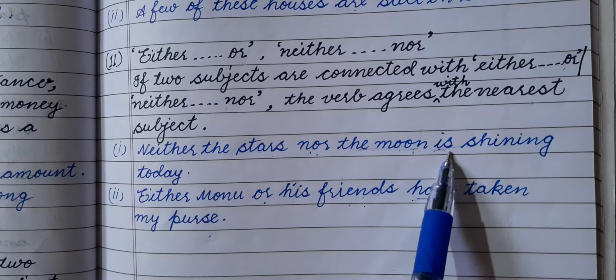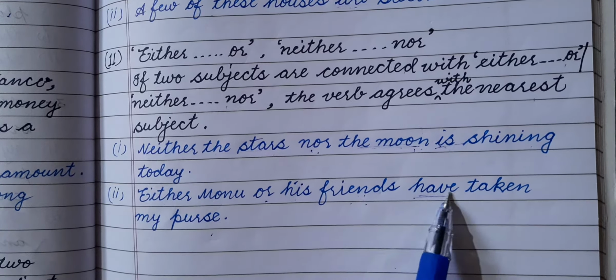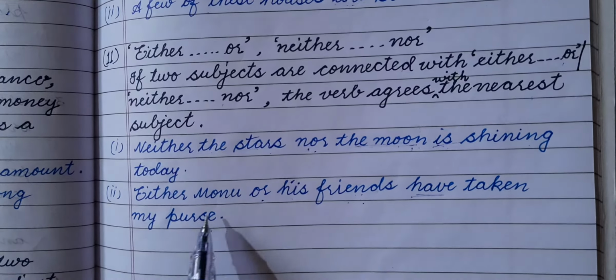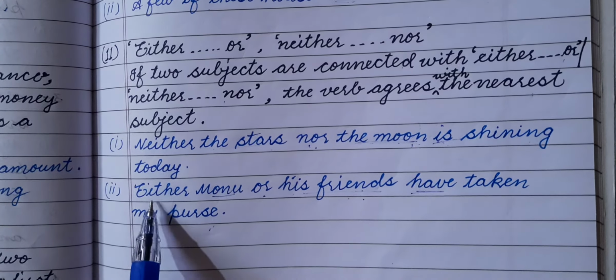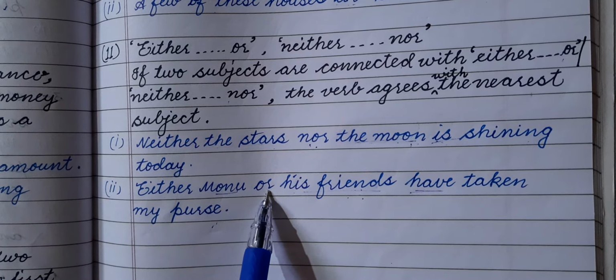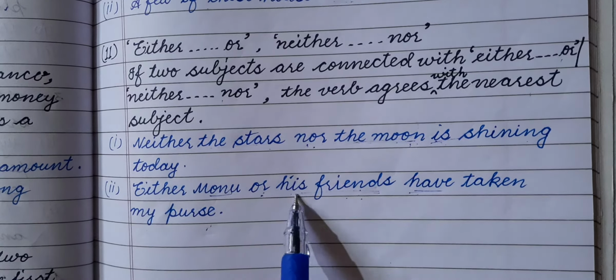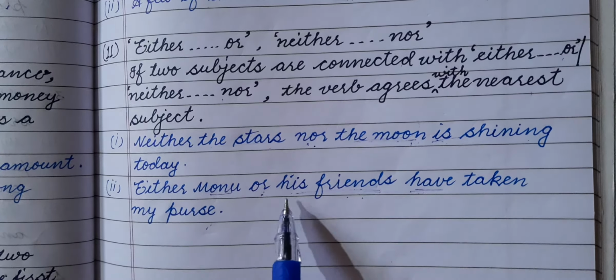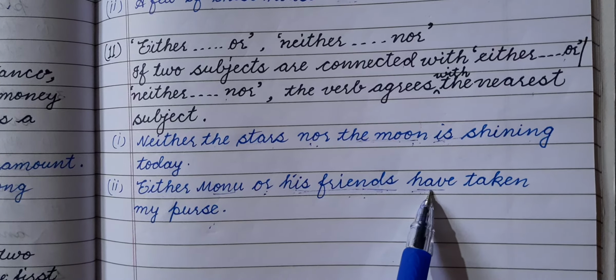Moon is singular, that's why is is used here. Either Monu or his friends have taken my purse. Two subjects are here, Monu and his friends. They are joined with either or. In this case also, we have to check the nearest subject to the verb. His friends, that is plural, that's why have is used here.